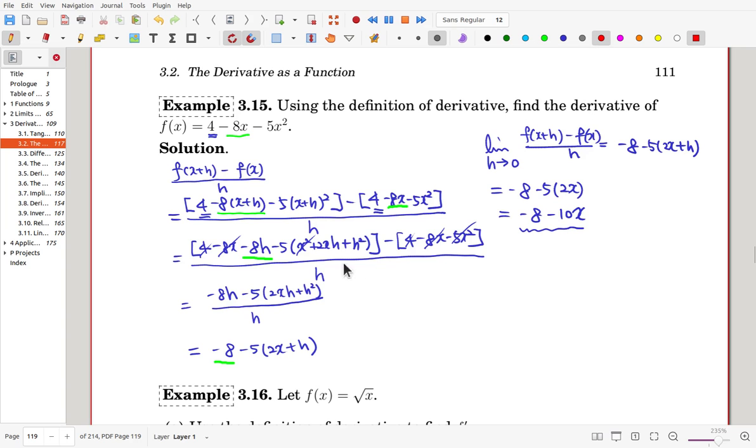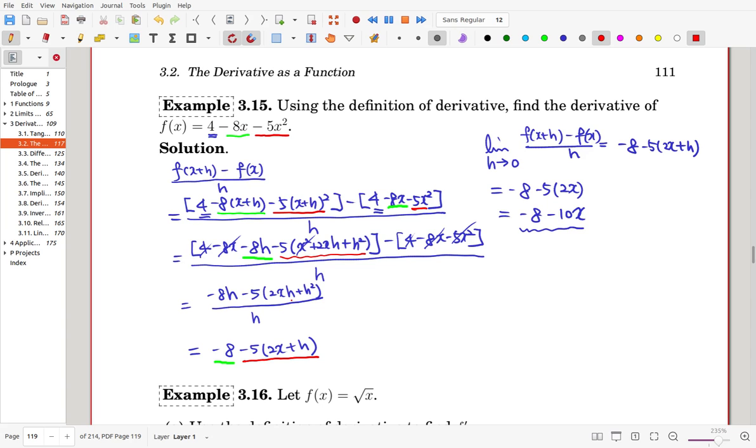Now how about the last term? It appears here and cancels out, and the remaining part is this portion, and eventually we have that.